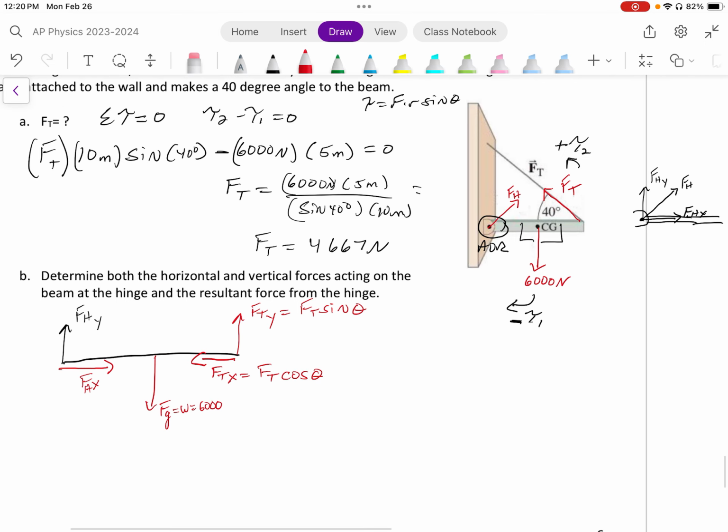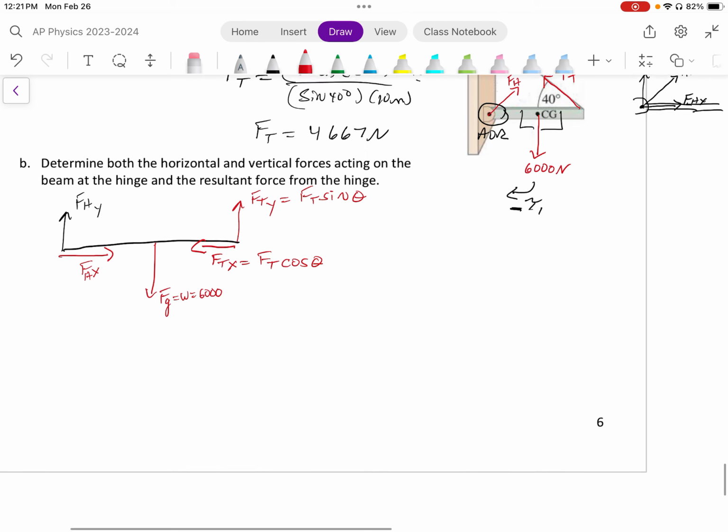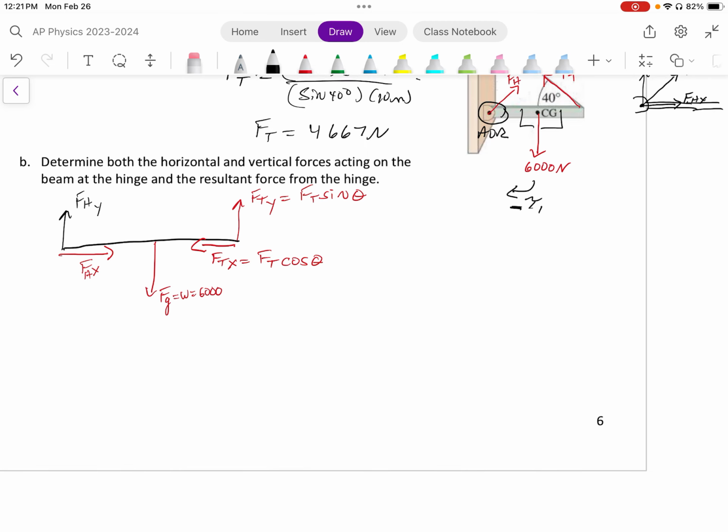In order to solve this, I actually have to, again, use one of my other conditions of equilibrium. The sum of the forces in the x direction is 0. How many forces do I have in the x direction? I have 2. The force of the hinge in the x direction minus the force of tension in the x direction is equal to 0.